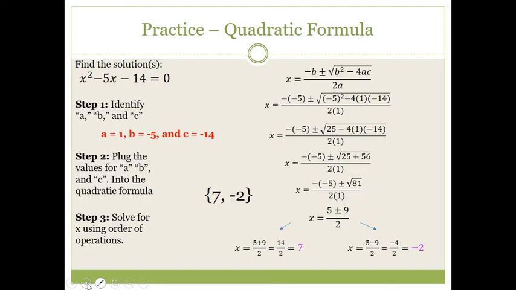And we write our final solution as the set of 7 and -2. It doesn't matter which of these you list first. I could have written -2, then 7, because all we're stating is, hey, these are the two roots, the two solutions. Remember, these are the two places where, if we had the graph, the parabola would cross the x-axis. It would cross at 7 and another time at -2.